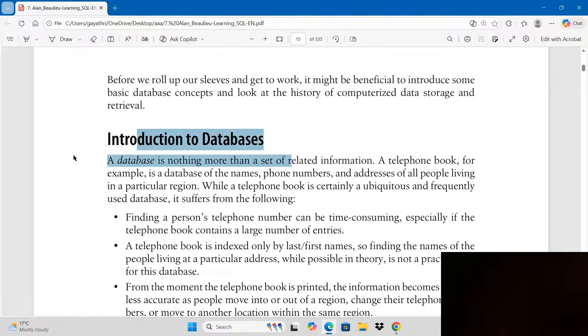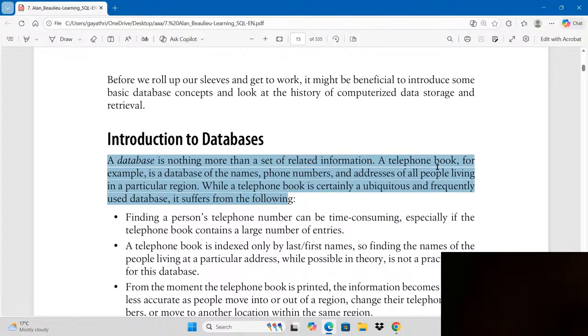Introduction to databases. A database is nothing more than a set of related information. A telephone book, for example, is a database of the names, phone numbers, and addresses of all people living in a particular region. While a telephone book is certainly a ubiquitous and frequently used database, it suffers from the following.